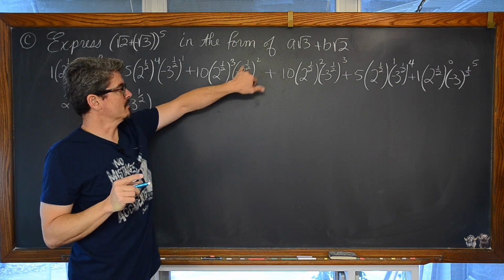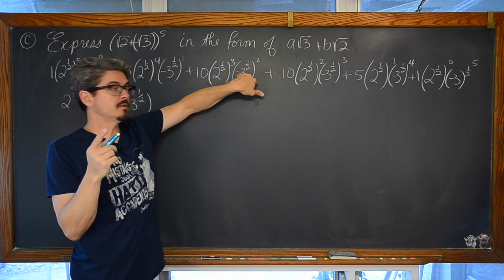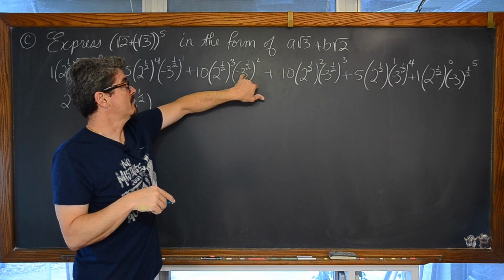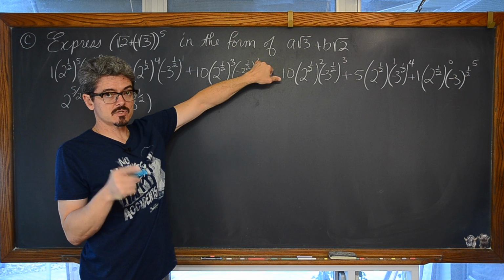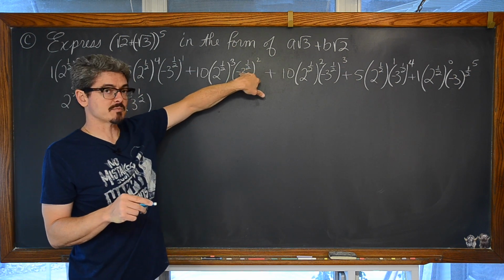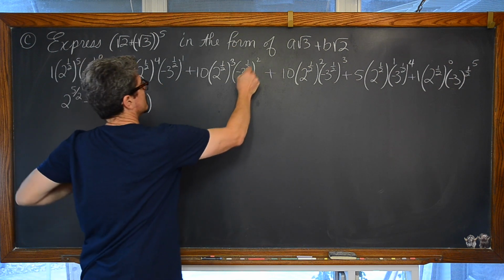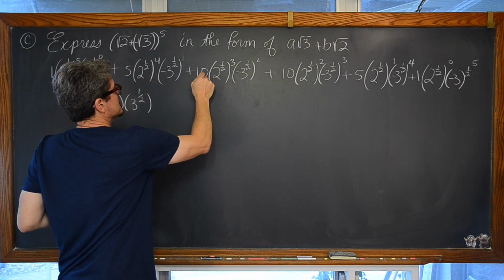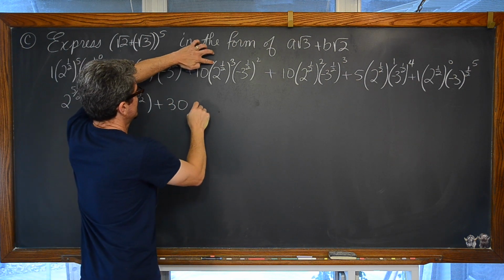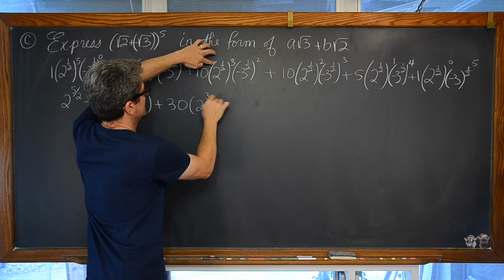Now, here, our negative is getting squared, so it's going to become positive. And we have 1/2 times 2 is 1, so it's going to be just simply 3, not negative 3. Negative times negative is positive. So we have 3 times 10, which is 30. And then we have a times 2 to the 3/2.